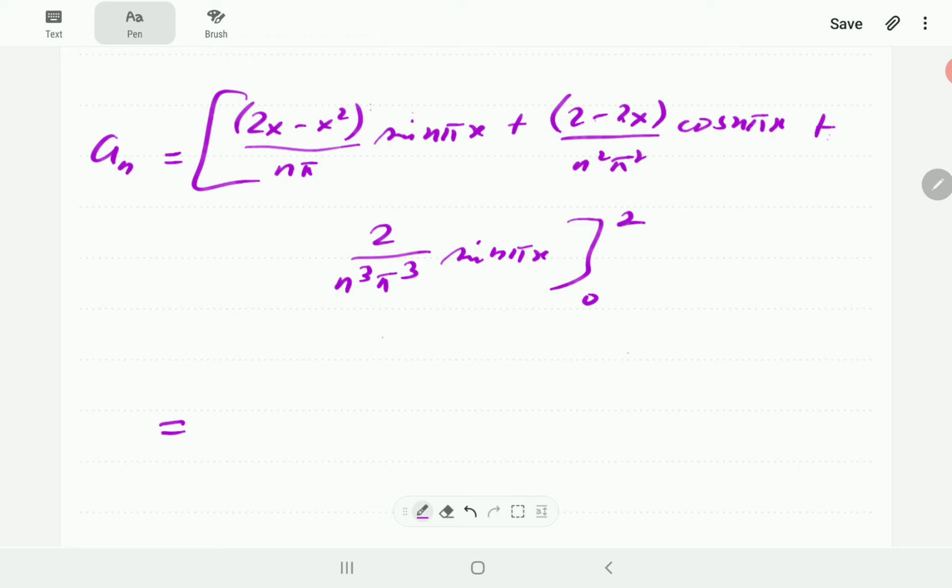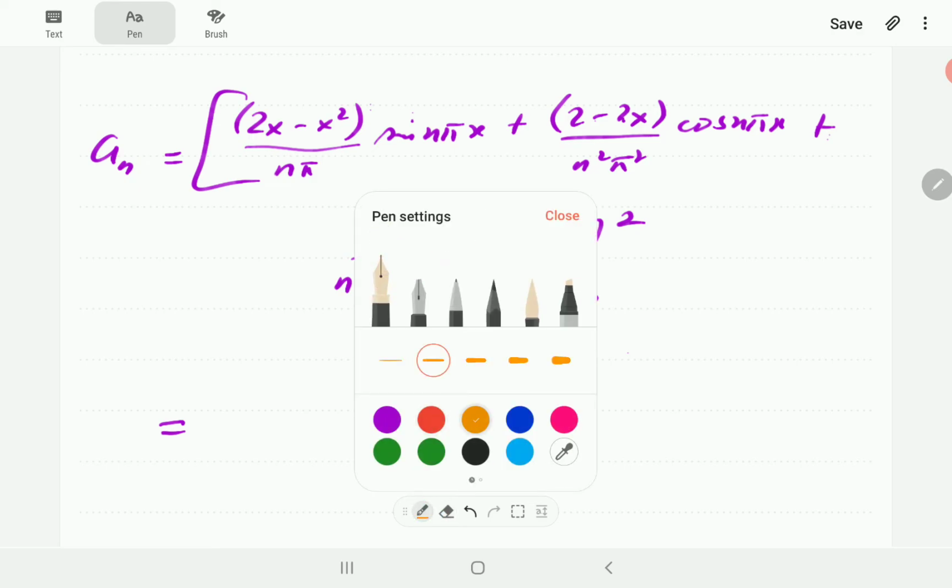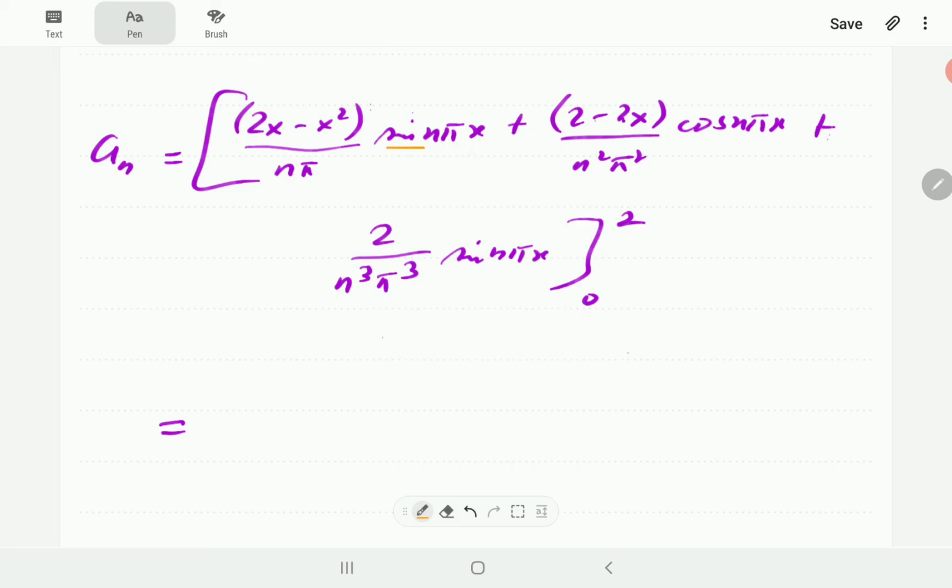So let's just talk about what's going to happen here. If you plug in x is 2, this is going to be 2n pi, which is going to give us 0. This is going to be 2n pi, cosine 2n pi is 1, but this is going to give us negative 2.